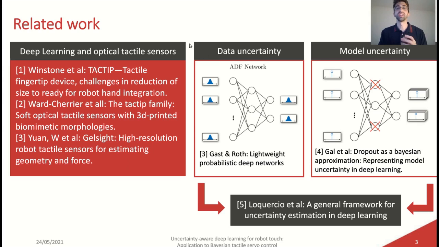The first one is calculating the data uncertainty coming from the sensors. For this, it uses ADF networks, which have the ability to propagate the input sensor noise to the output. And then it also calculates the model uncertainty coming from training biases.